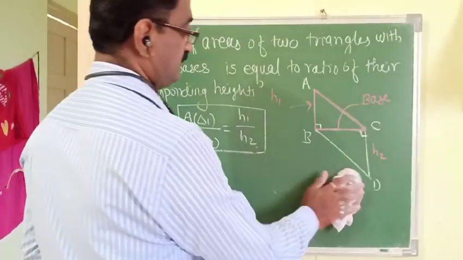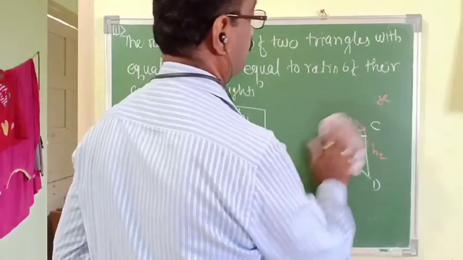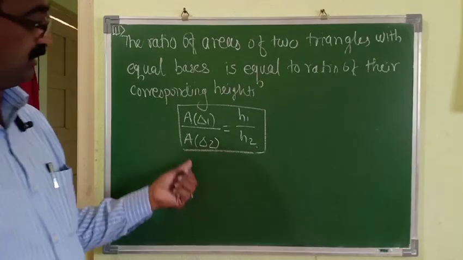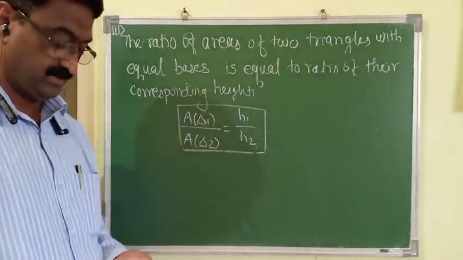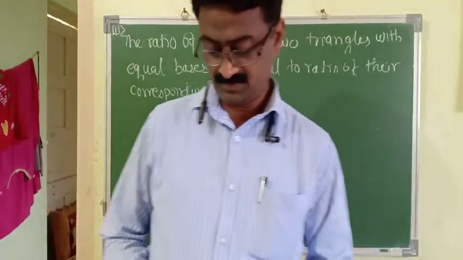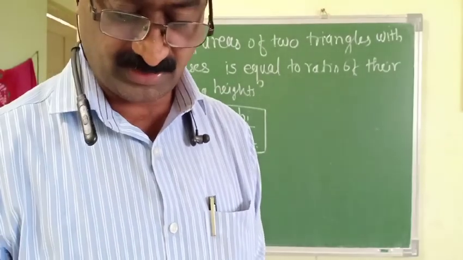So this will be the third property: area of triangle 1 upon area of triangle 2 is equal to h1 upon h2. So this is the third property of the ratio of areas of two triangles.